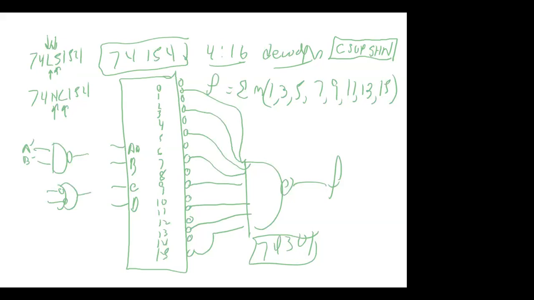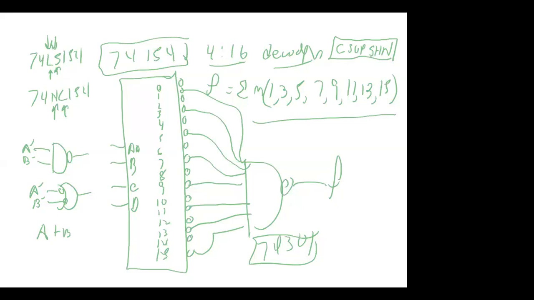And so the inversions cancel and what you would get is A or B. And so what we've done here is we've summed the product terms that are coming out of the decoder. And it has given us an ability to implement a 4-variable truth table with nothing more than 2 chips, a decoder and an AND gate, and that's it.